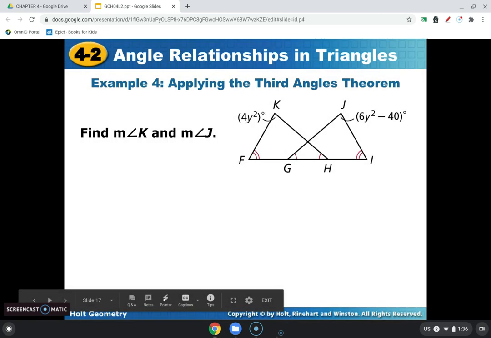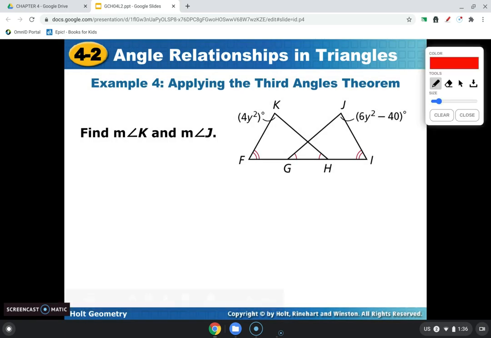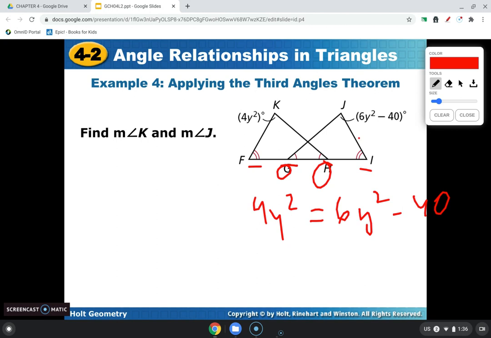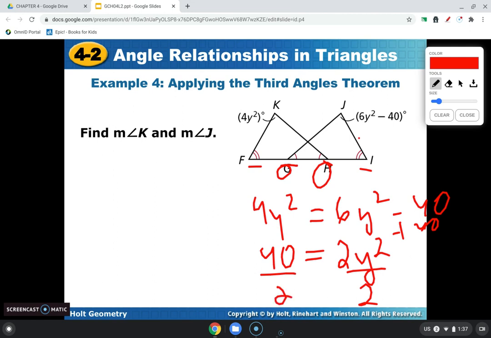Okay, so if we're going to apply this, we can see here that these two triangles, G and H, are the same. F and I are the same, so we can assume that K and J are the same. So we can set them equal. I'm going to subtract 4y squared from both sides, which gives me 2y squared. I'm going to add 40, divide by 2.